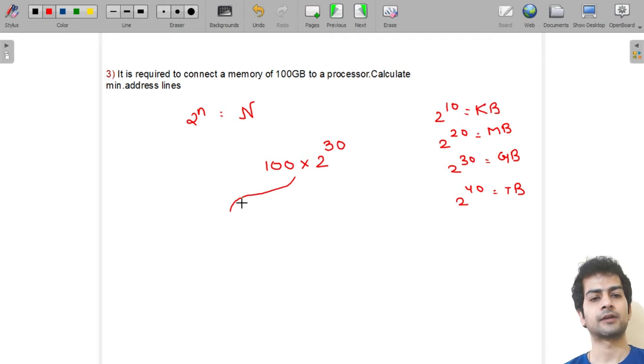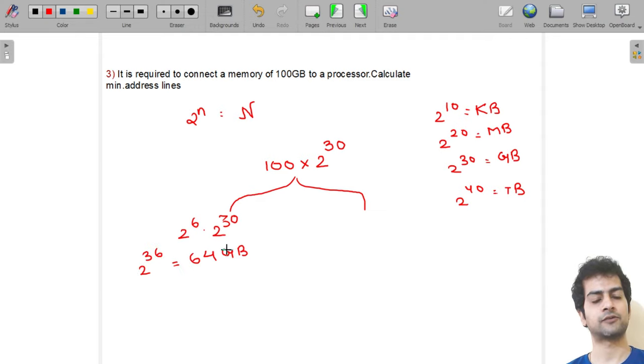So see, here we have two options. For 100, if we take 2 to the power 6 into 2 to the power 30, then 2 to the power 6 will be 64, so it will be 64 gigabyte, that is 2 to the power 36.